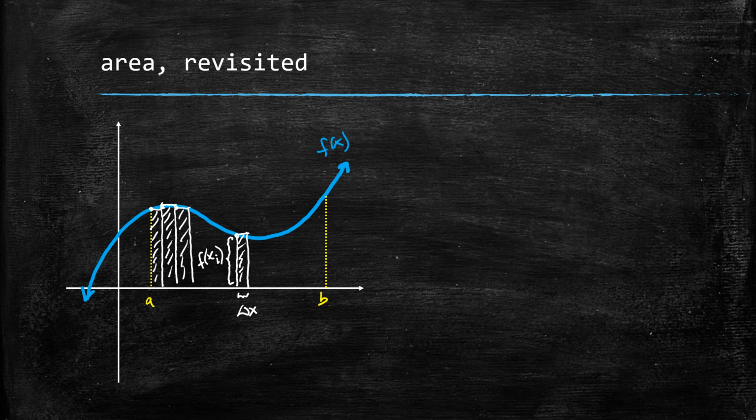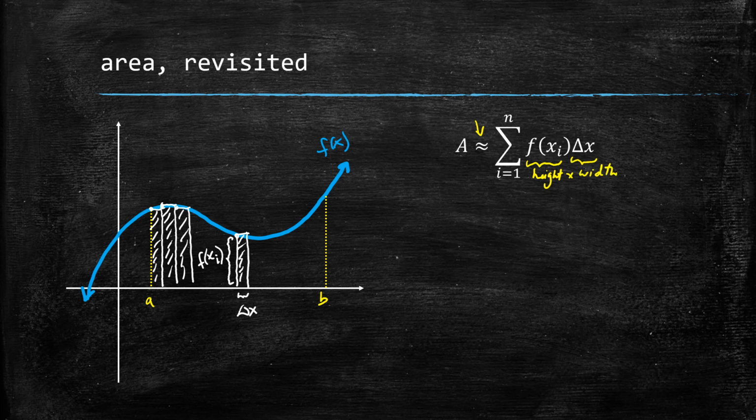So in this case, the left endpoint, we just call it xi. So the area under the curve could be approximated, very important that we see the approximation sign, by the sum of all these areas. f of xi is just the height of any one of these rectangles, and delta x would be the width.